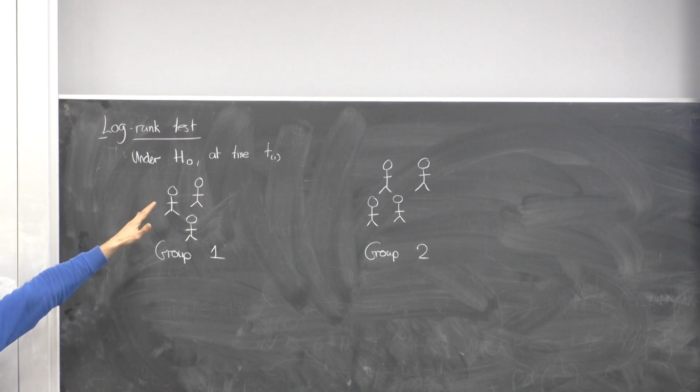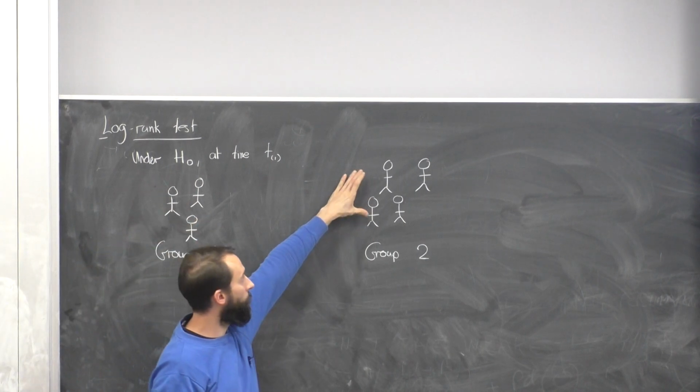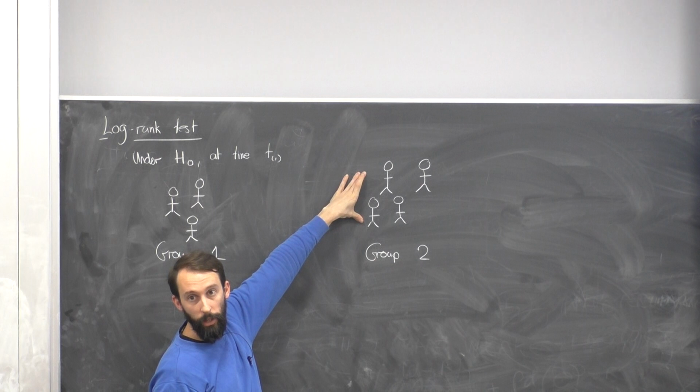So at some particular time in my study, in group 1 maybe I've got 3 people who are in my study, and in group 2 I have 4 people who are still alive.